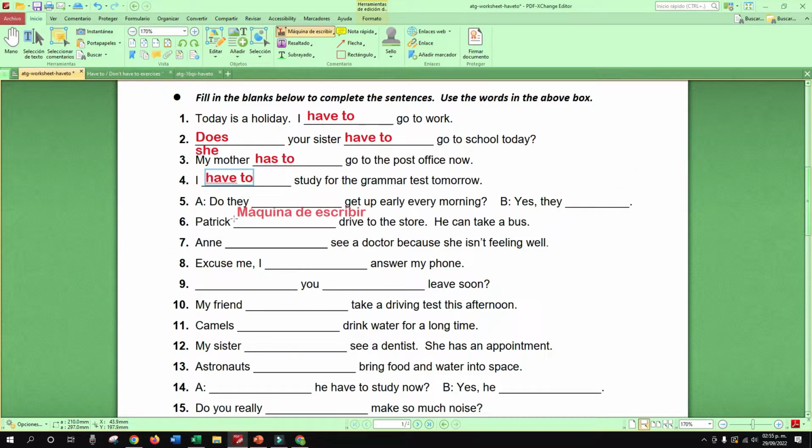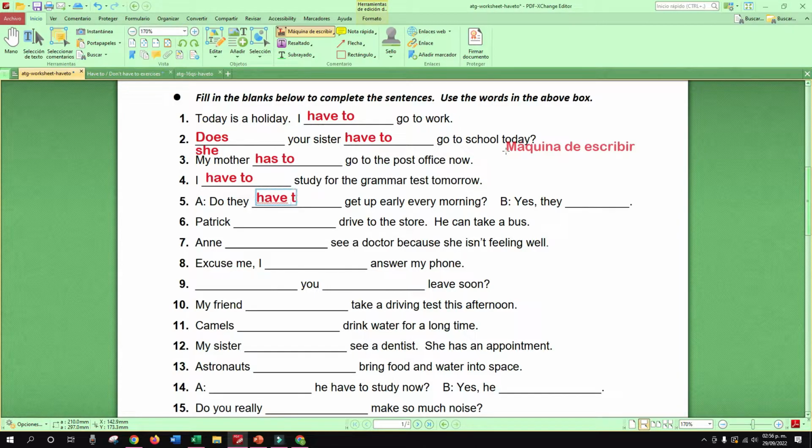Look at this one. Number 5, there you have a question. It says, do they get up early every morning? Yes, they what? So what about this one? Do they what? Have to or has to? Have to.